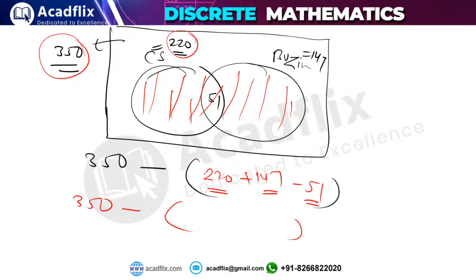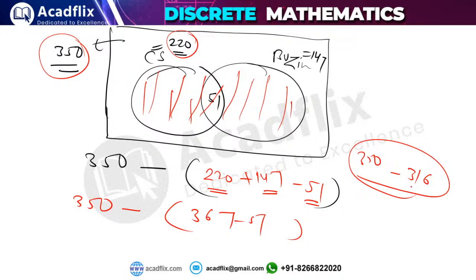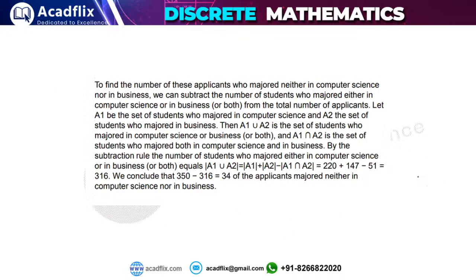So what is this value? 220 plus 147 is 367, minus 51 is 316. So 350 minus 316, this will be the answer. This is the detailed solution. You can refer to this solution when I share these slides.